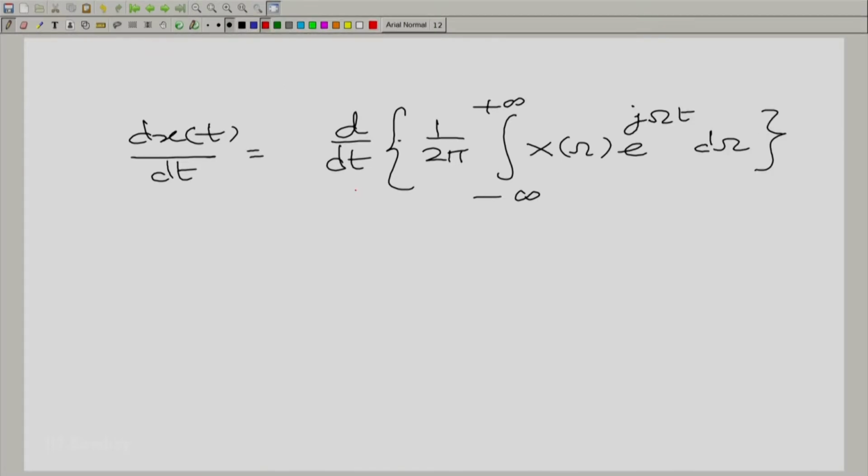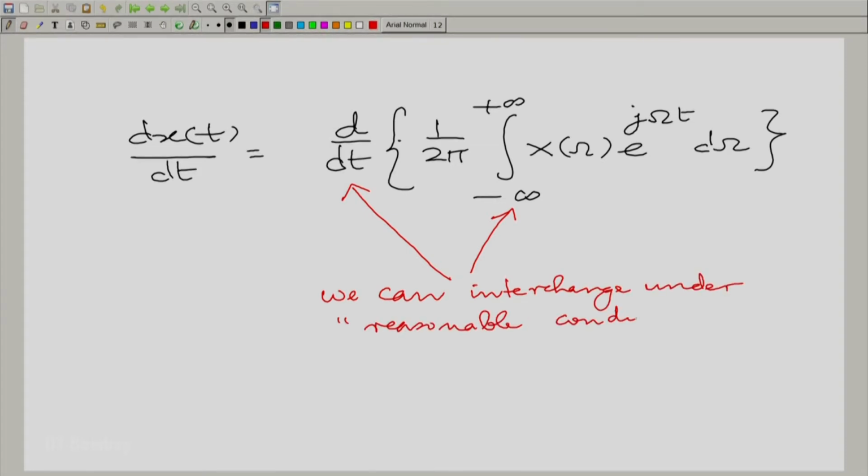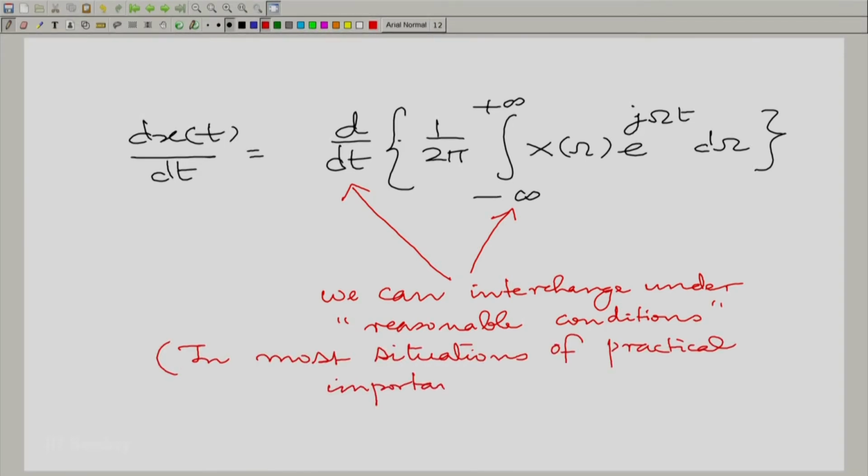And now, under reasonable conditions, we can interchange the order of the derivative and the integral. Now, you may wonder what reasonable conditions are. Reasonable conditions, for the moment I will just say, in most situations of practical importance. I am not being too rigorous mathematically here. It does not really matter that much.